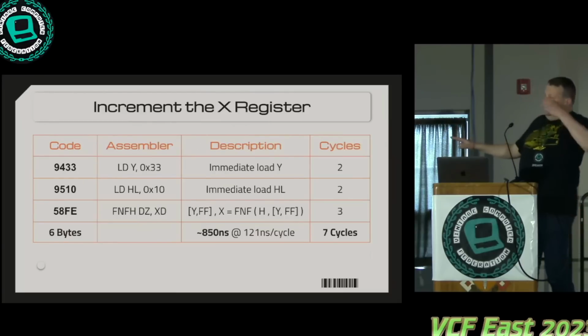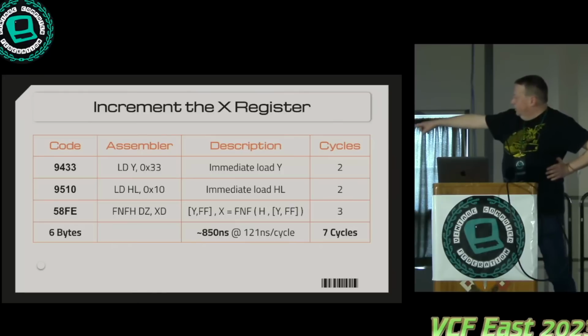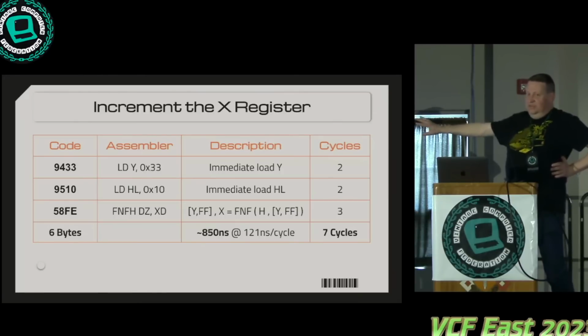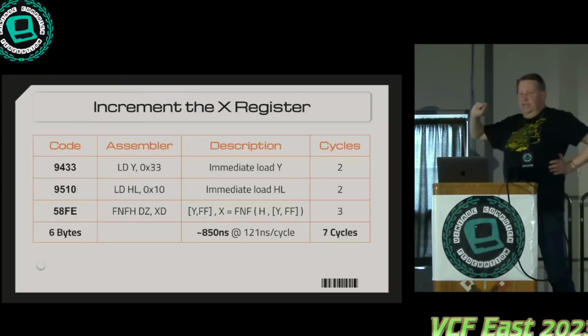So I'll just show a quick example of what that looks like. This is incrementing the X register again. So this is actually what the code looks like. There's 6 bytes in order to do this example. So we're doing our immediate load, doing our immediate HL. So we're actually loading 1 into H, and then we're doing this FNH operation.